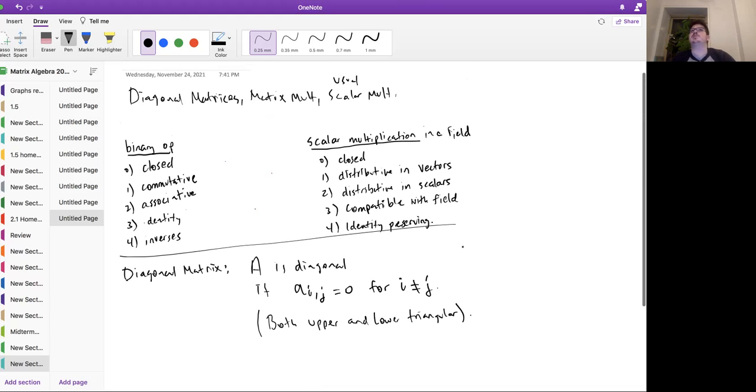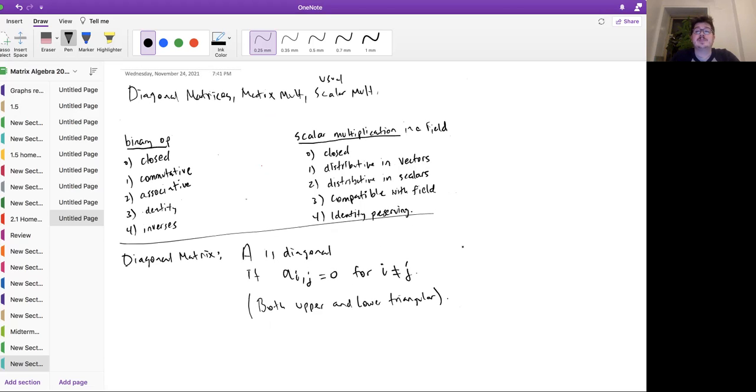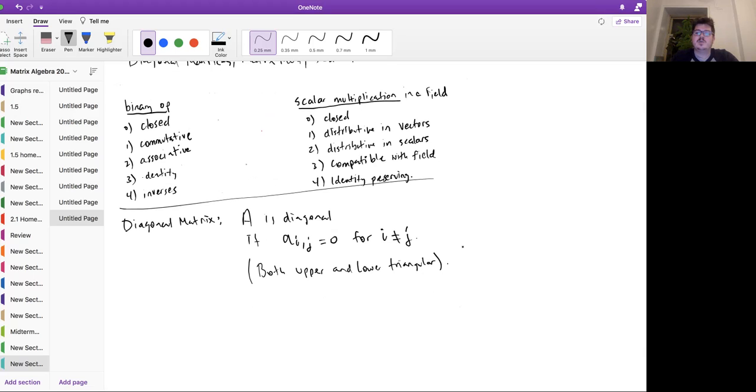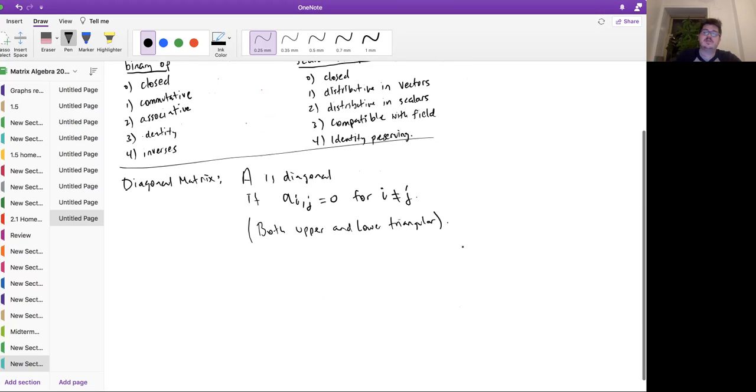Well, think about matrix multiplication. It actually is commutative. And let's kind of understand why. What does matrix multiplication do? So if I have A times B, what are the entries AB_ij?